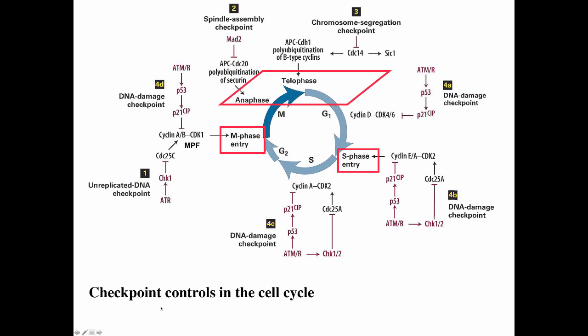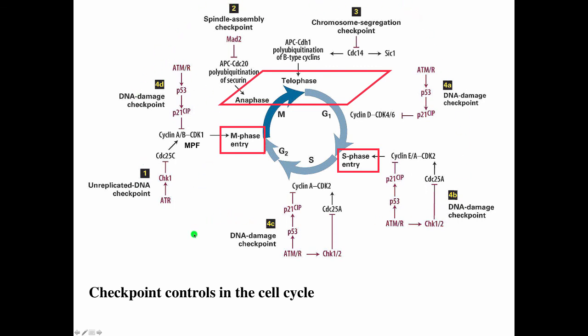This is a much more complicated slide than we need to worry about for our course, but you can see some major triggers in the cell cycle. There's an S phase entry point, there's an M phase entry point, and then there's an anaphase and telophase trigger point. And then you can see a variety of checkpoints around the cell cycle.